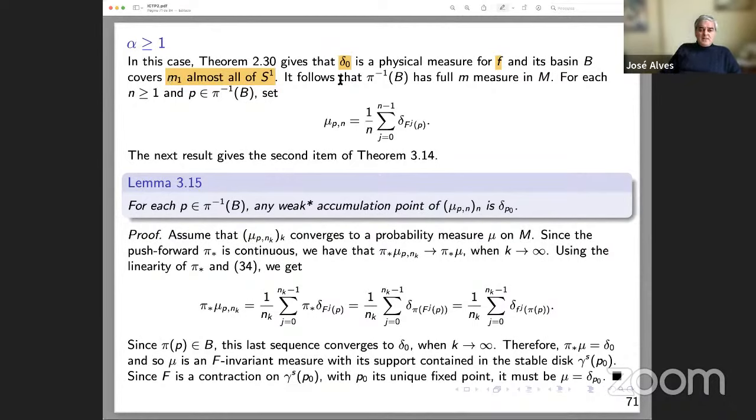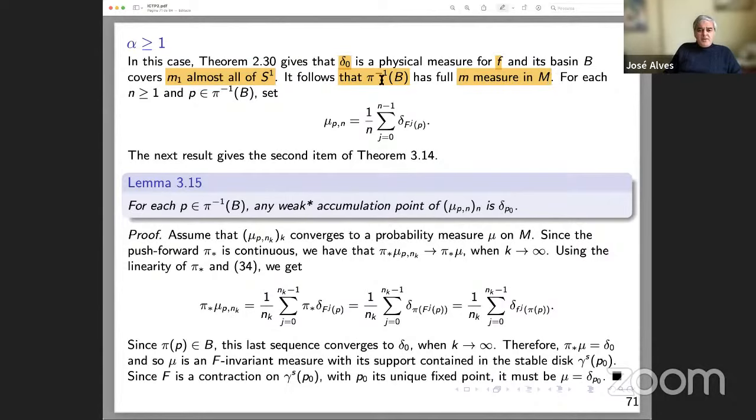It follows that the pre-image by the projection of a full measure set in the circle necessarily has full measure with the Lebesgue measure in the solid torus. This is because the projection is along the disks, which are very regular, and so we obtain this full measure.